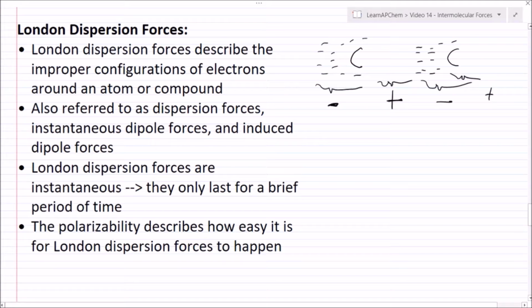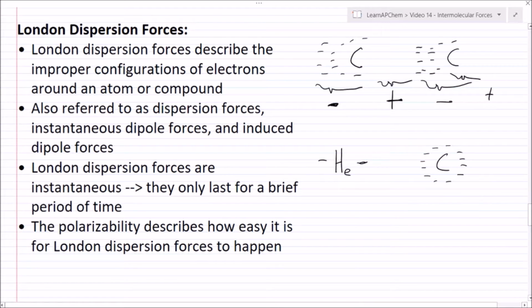Another concept to be familiar with is polarizability. So let's take, for example, helium, which has 2 electrons, and we'll go again with carbon, which has 12. So here, helium won't really be polarizable because of a lack of electrons.